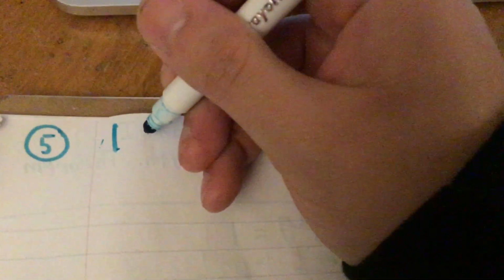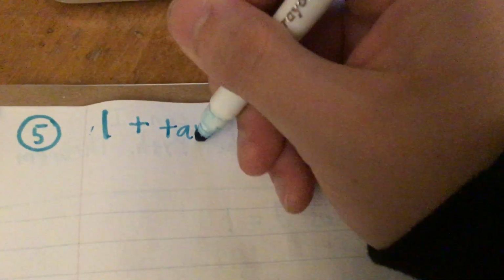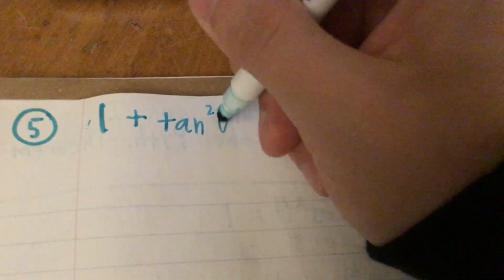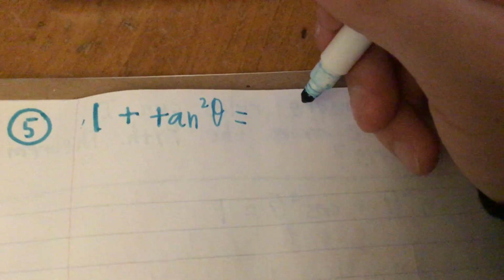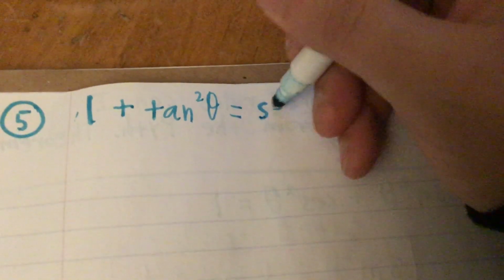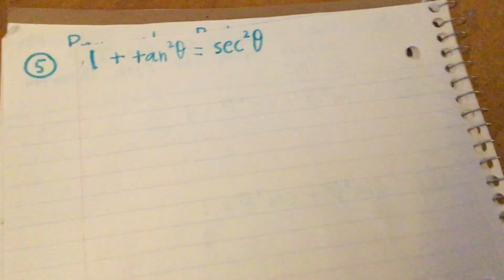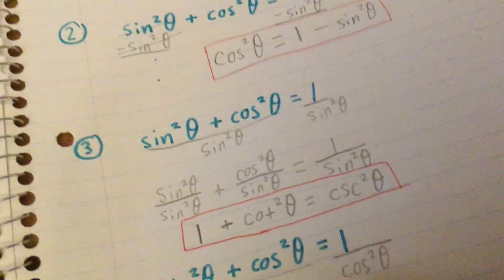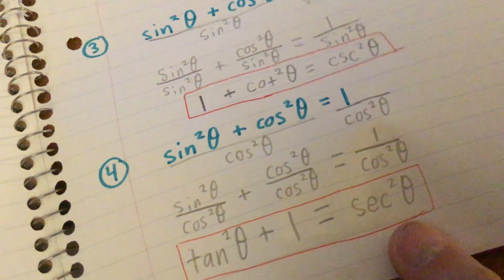And 1 plus tangent squared is equal to secant squared. Right? Let me just double check. Oh, sorry, that was rule number 4. 1 plus tangent squared is equal to secant squared.